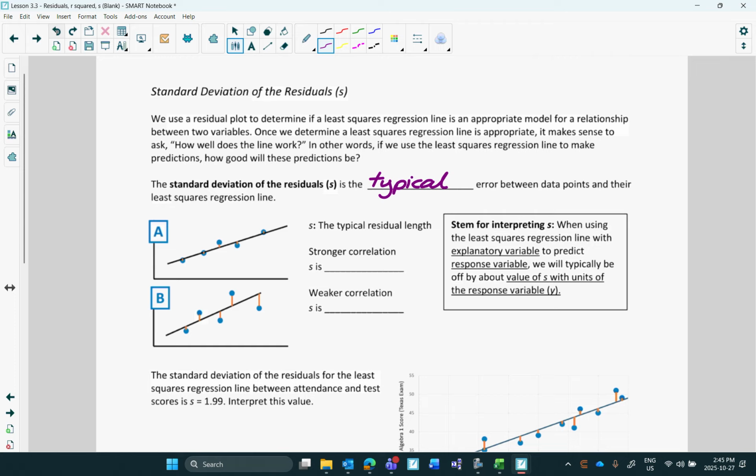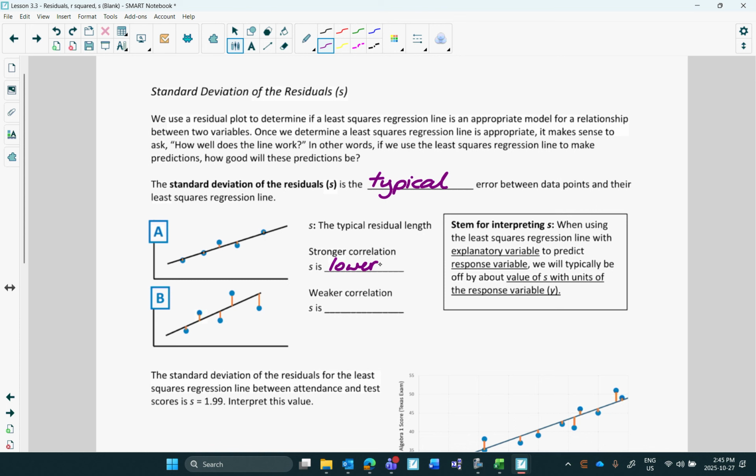All five of those are pretty close to the line. So therefore, there's a stronger correlation, so S will be lower. Okay? The smaller S is, the better. That means that the points are closer to the line overall.